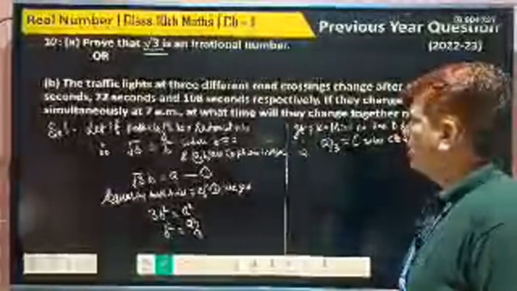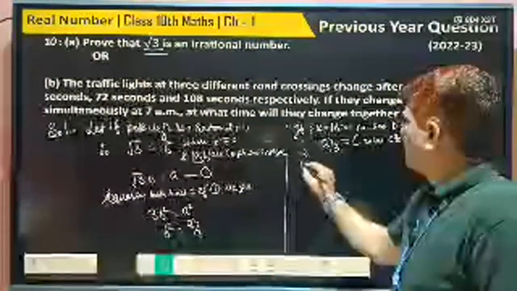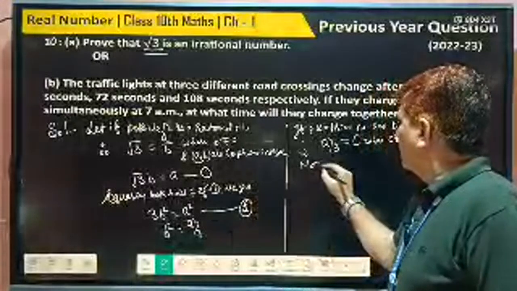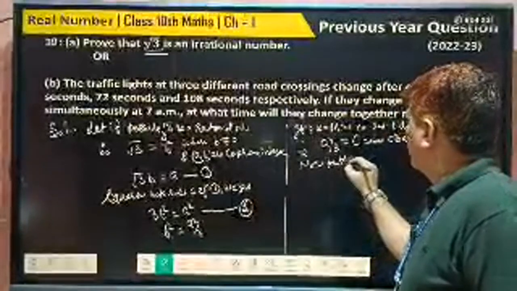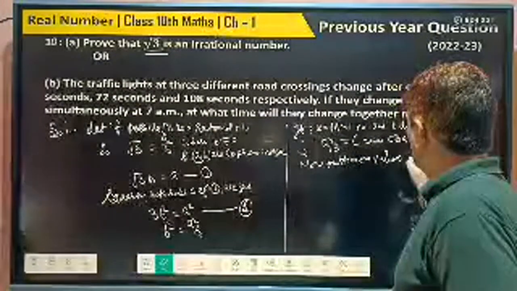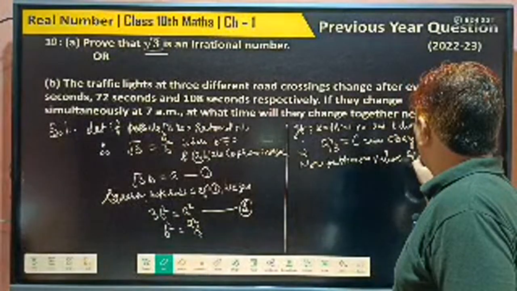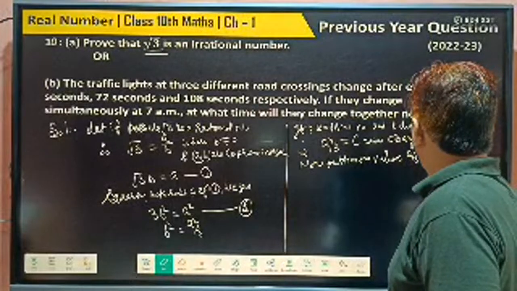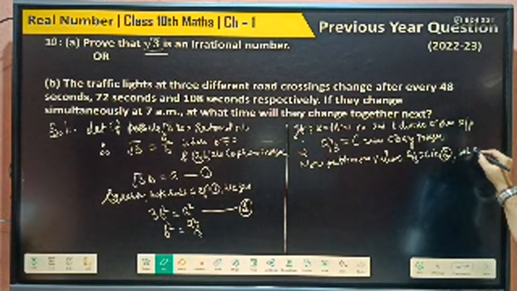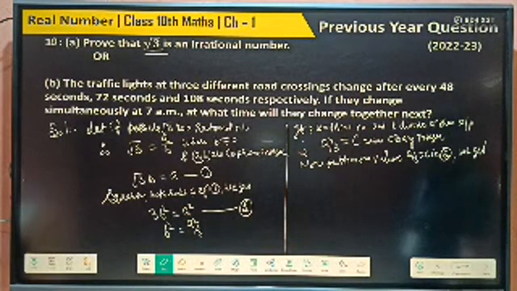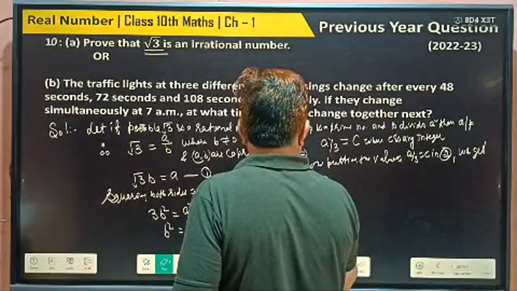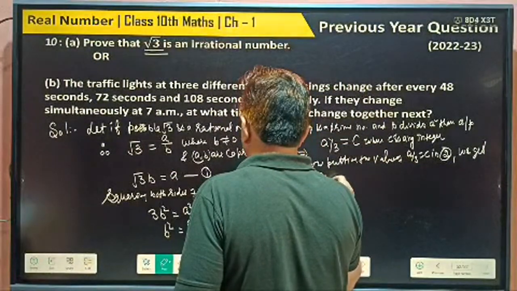Understood? Now, this is equation 2. Putting the value of a by 3 equal to c in equation 2, we get 3b square is equal to a square.